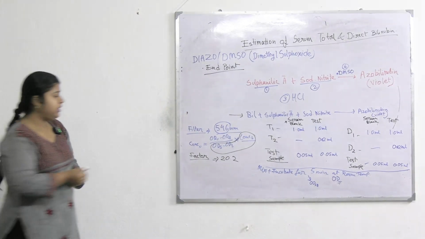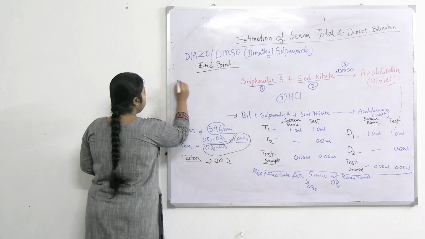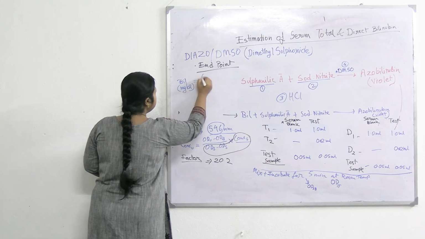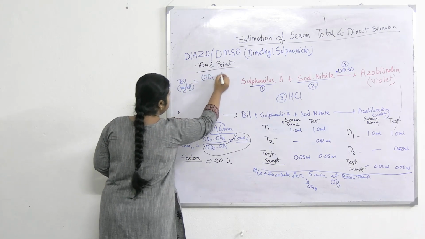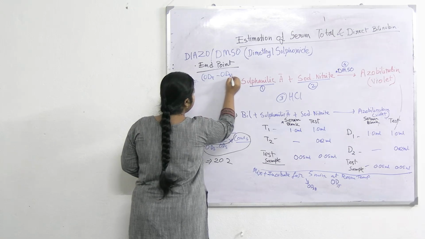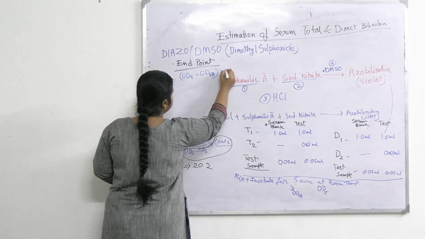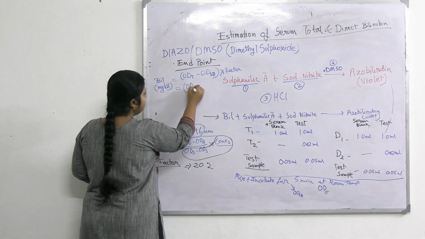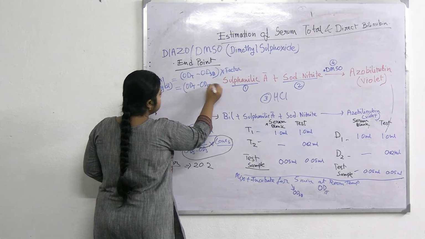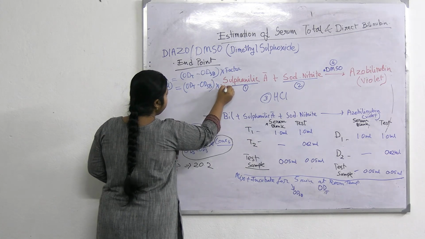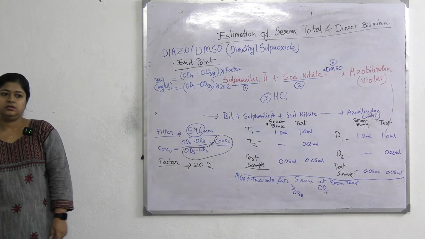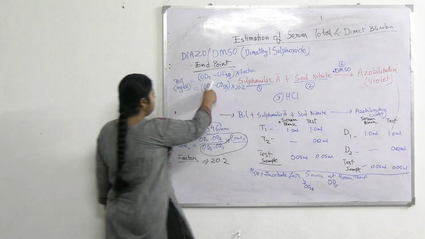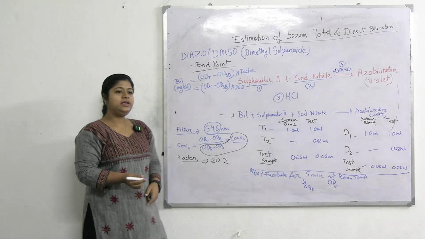So the calculation will be: bilirubin in milligram per dl is equal to ODT minus OD serum blank, into factor. So here it will be ODT minus OD serum blank into 20.2. So we will get 2 ODs and from them we can calculate the concentration.